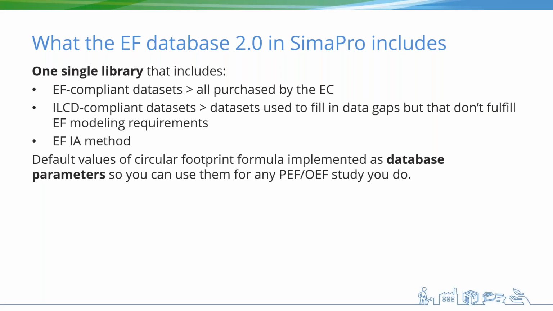For those of you not familiar with this, this is the end-of-life formula that is prescribed to be used in the context of PEF. We have facilitated that you don't have to look into the annexes of the PEF guidance, but can just get them from your list of parameters and use them directly in your model.